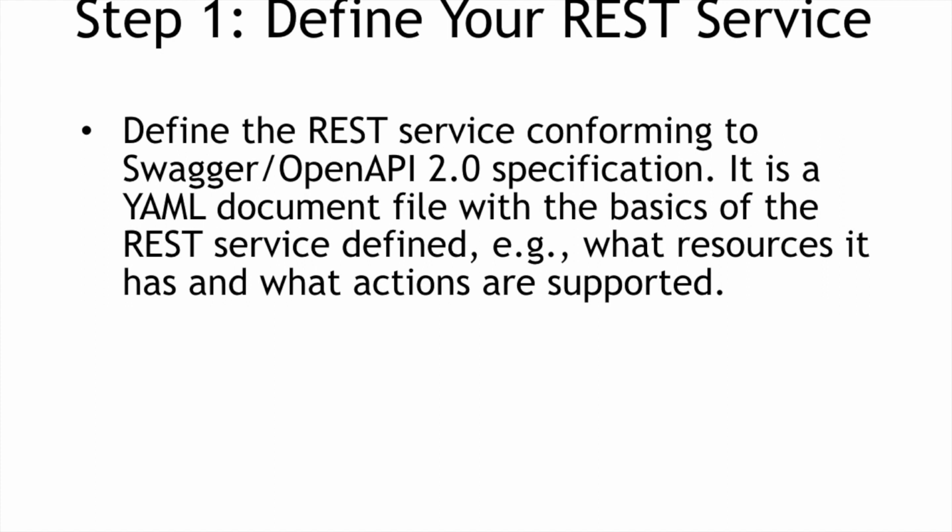First, you start by defining your REST service through the specification. As mentioned, we are using the 2.0 specification at this time, and you define a valid Swagger document. You can verify online whether this document is valid, and once it's valid, we can create the server-side code.